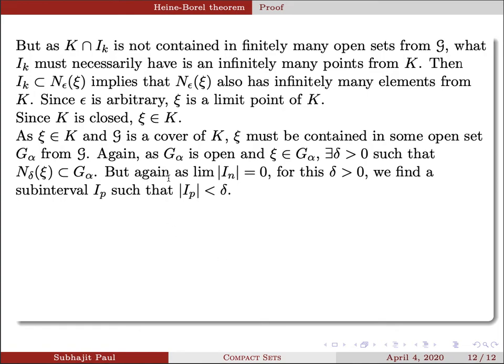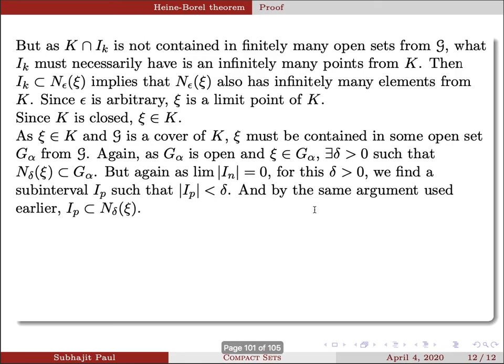As the limit of the length of In is equal to 0, for this delta we find a subinterval Ip such that the length of Ip is smaller than delta, by the definition of limit of a sequence. And by the same argument used earlier, this Ip will also be inside the delta neighborhood of xi.